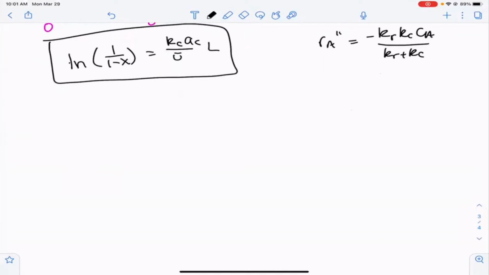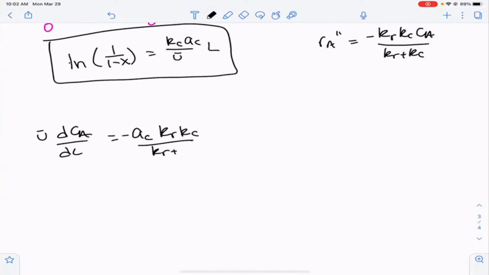And remember, we got to the point where the linear velocity times dCA dL was just equal to AC times RA double prime. So when that's the case, we have our rate here, minus KR times KC over KR plus KC times the concentration of A, again using a constant in this particular case.